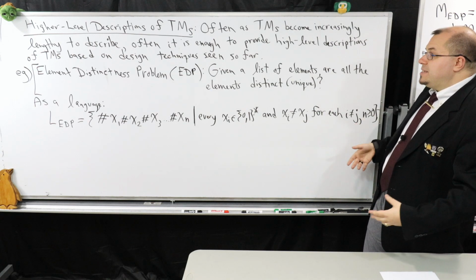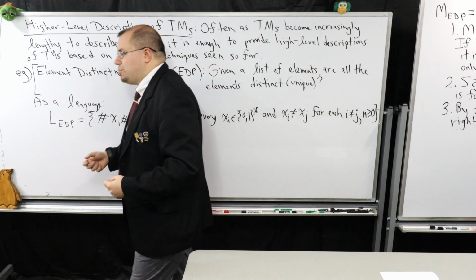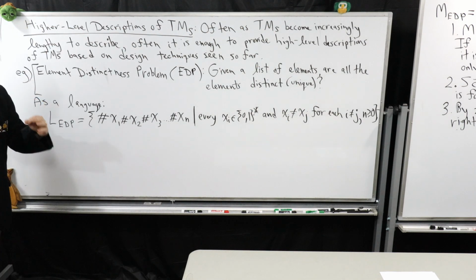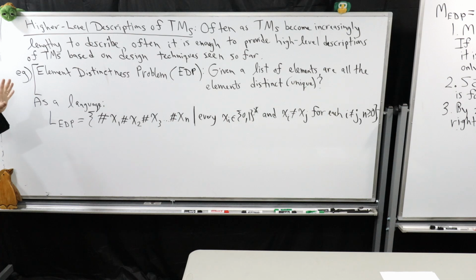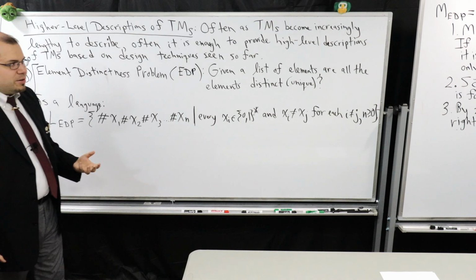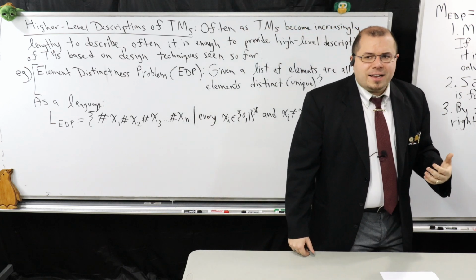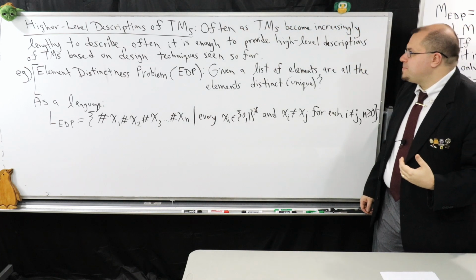But sometimes it becomes very useful to talk about a language as a problem, because the language itself is just a formality, but really you want to solve some problem. So I thought I would show you an example, where instead of describing the Turing machine in exact terms, I'm going to describe it at a higher level based on the design techniques we've seen up to this point.